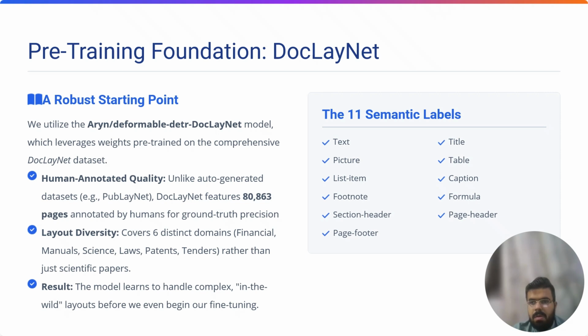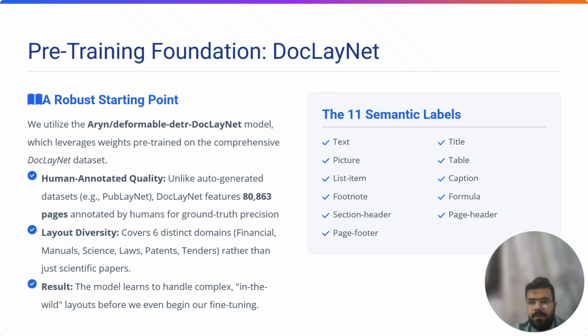So here comes our pre-training foundation. I didn't actually start from random weights. I used an open source model pre-trained on DocLayNet, available on Hugging Face. The DocLayNet dataset has 80,000 pages annotated by humans, and that's why it is special.